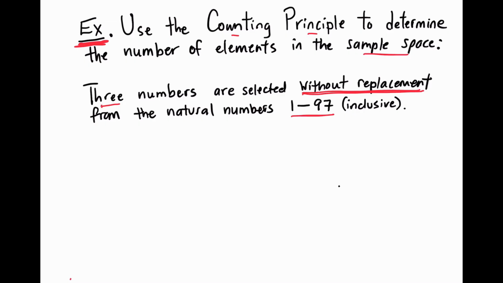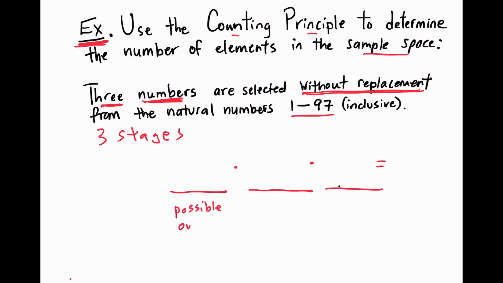So there are 3 numbers, so we're going to have 3 stages. The first stage is when we draw the first number. The second stage is when we draw the second number, and the third stage comes when we draw the third number. So in the first number, how many different possible outcomes are there when I draw that first number? Well, there's 97 numbers, so there's 97 possible outcomes. Once I draw that number, it's without replacement, so I don't put it back.